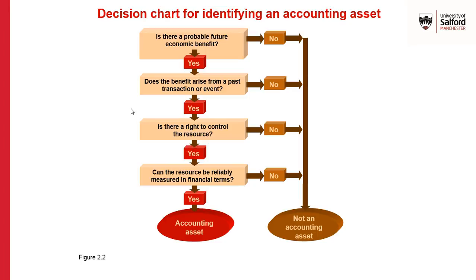How do we identify an accounting asset? Well, we've been talking about debtors. Some accounting expenditures have no value left, like at the end of the year, the wages you've paid during the year are the same as a payment for a building, if you like. But if you pay money for a building, you've got the building there as an asset at the end of the year.